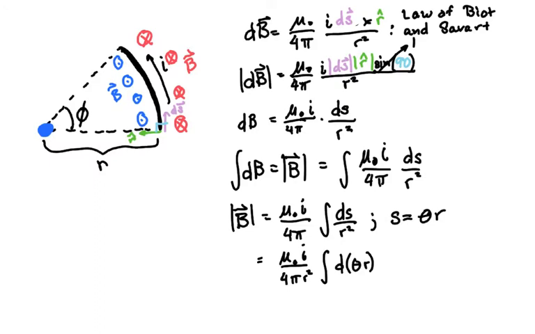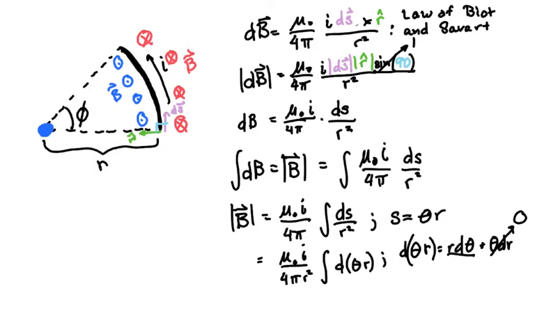What should we do with the differential of 2 variables? Chain rule, anyone? Let's go ahead and do that on the side. As we break this down, we have our second variable times the differential of our first, plus our first variable times the differential of the second. Well, as we said, our distance from the center of the circular arc to the wire isn't changing at all. That's 0. So all we're left with is this r d theta element.